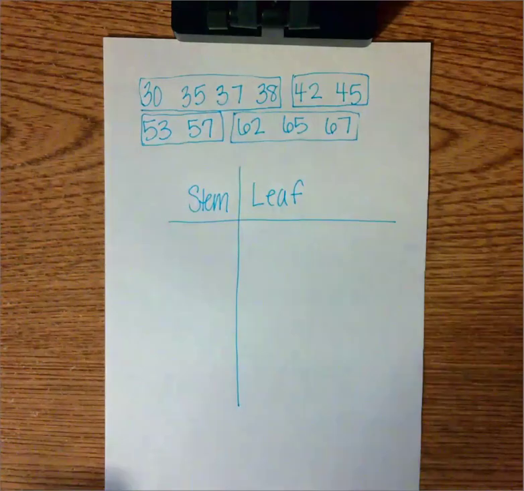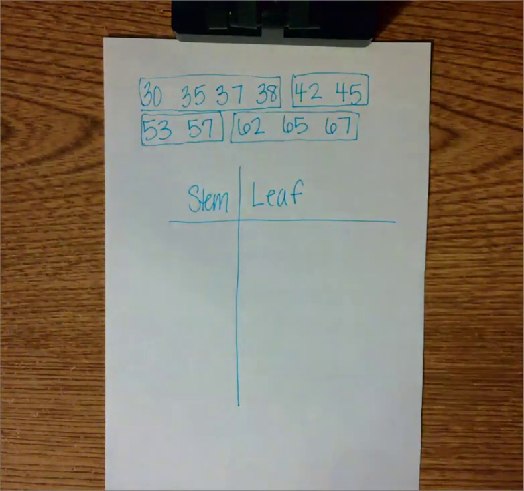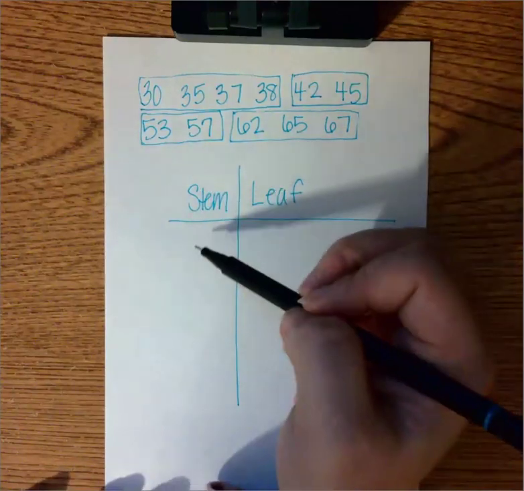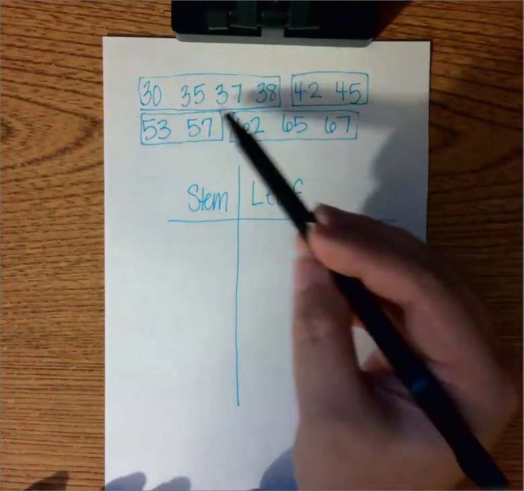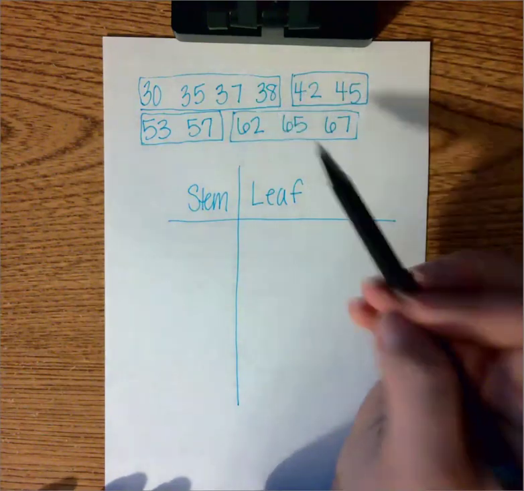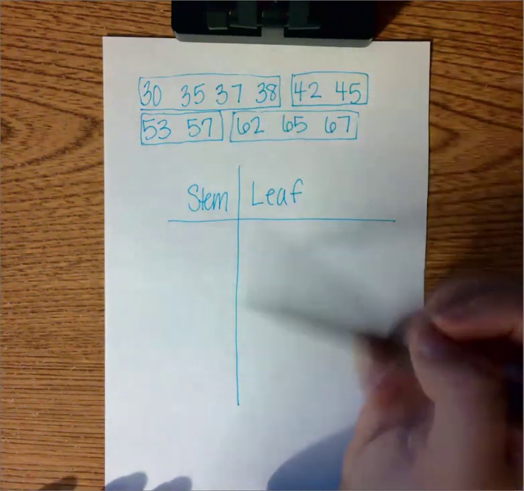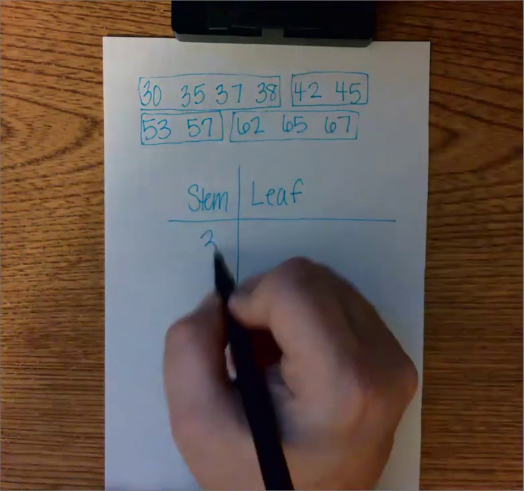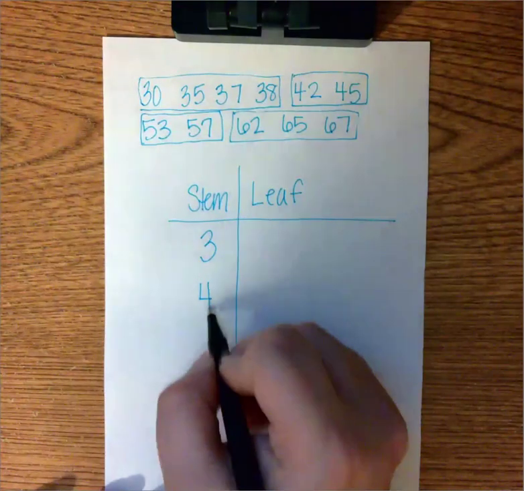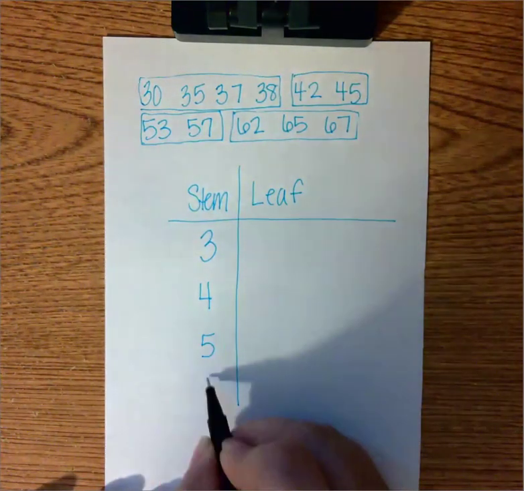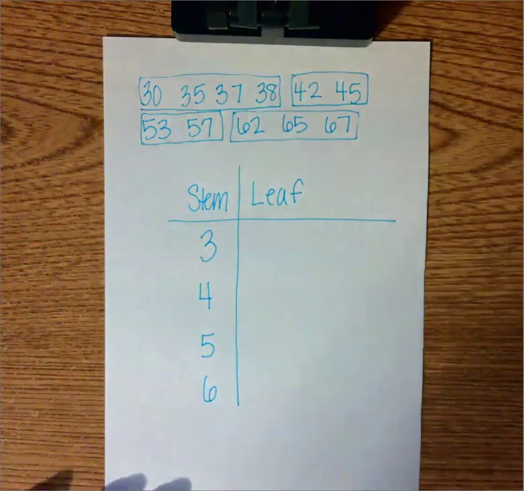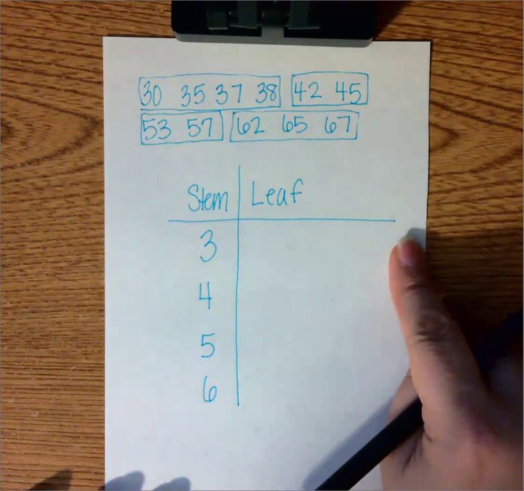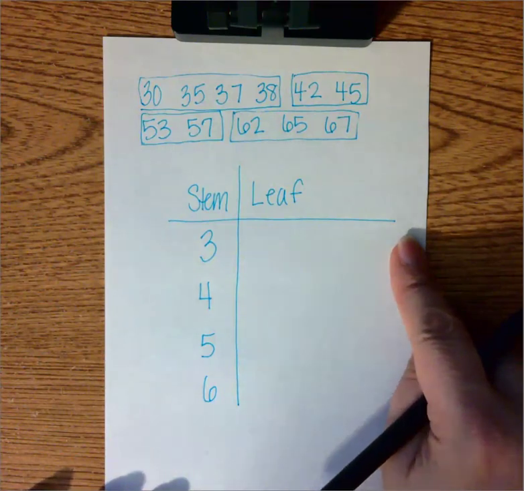If your data was not in order to start with, that would be your first step. The leaves are going to be each of these values, and our stems are going to be our categories. So 30s, 40s, 50s, 60s. So I'm going to do a 3, a 4, a 5, and a 6.